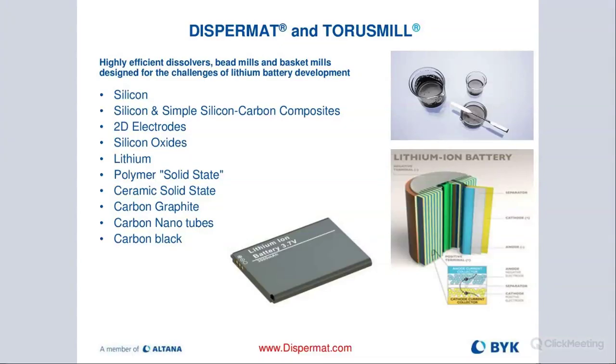And of course, all the startups and battery companies now that need that type of equipment are also using Dispermats to disperse these different formulations for the electrolytes, as well as the different barrier coatings. As you can see on the slide right here, they're used for many different types of battery formulations.